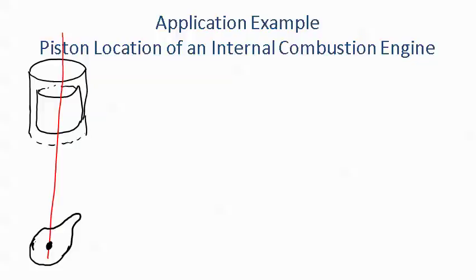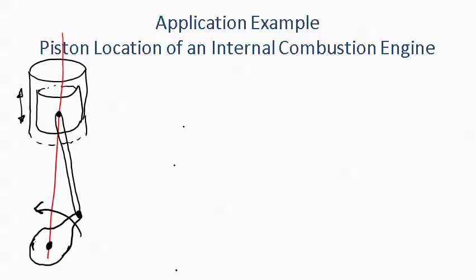The crankshaft is connected with the piston through a linkage. As the crankshaft rotates, the piston moves up and down in the cylinder. And you would like to know where the piston will be in order to avoid collisions with the valves and damage to the engine.